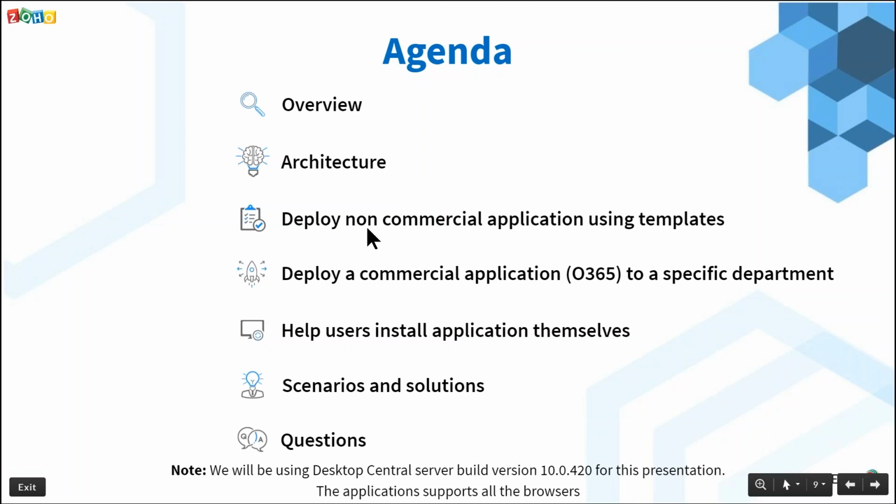Then, how to help the end users to install software themselves using a feature called self-service portal. We will also discuss some of the frequently asked questions with respect to software deployment at the end of session.